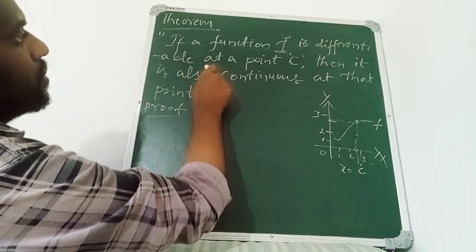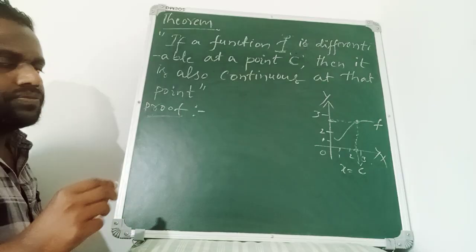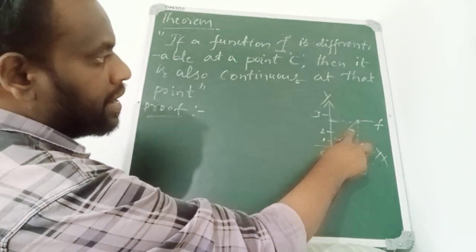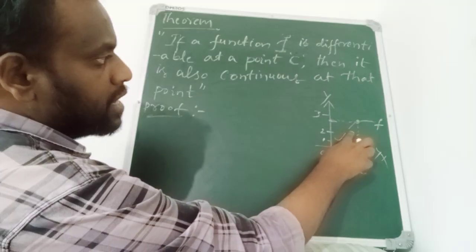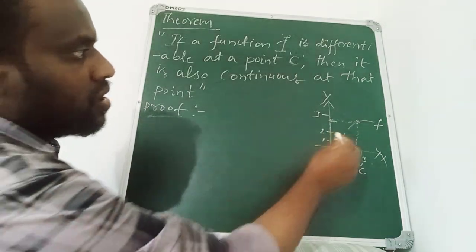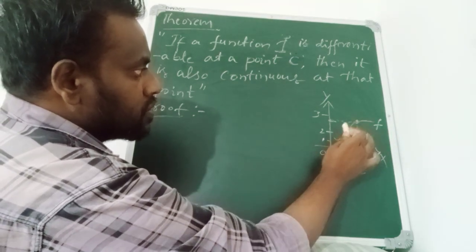They're telling it is differentiable at point c, then it is also continuous at that point. Continuous means there is no break. See, if I erase here, there is an opening, there is some break, right? The function is not continuous. If I draw like this, it is continuous.